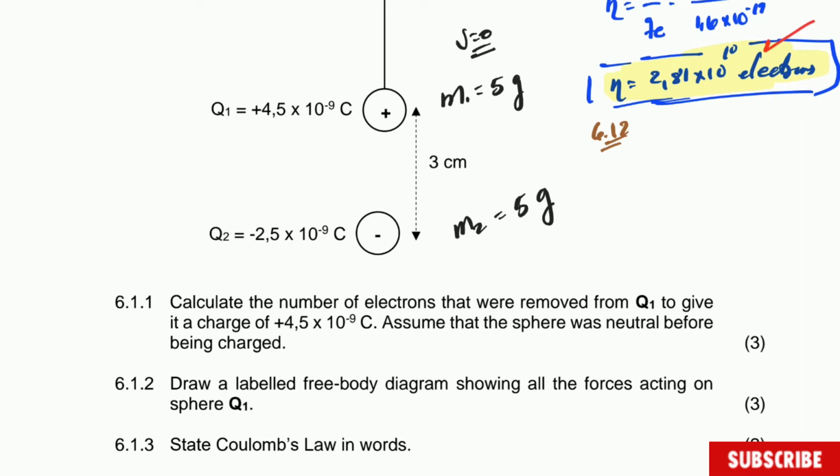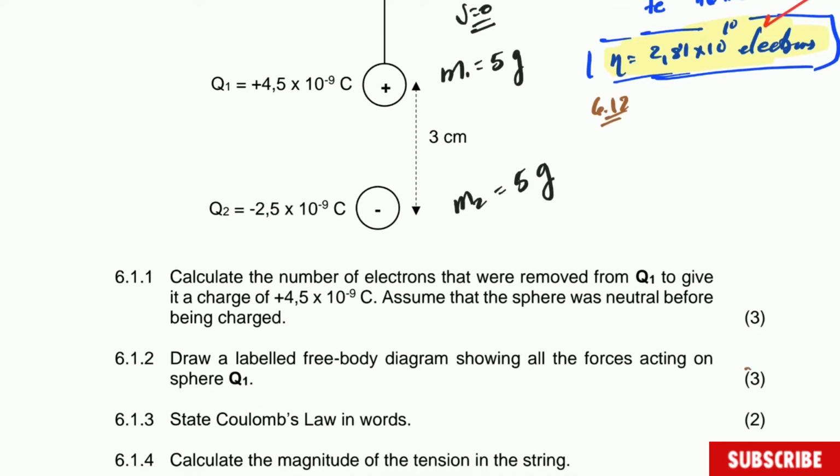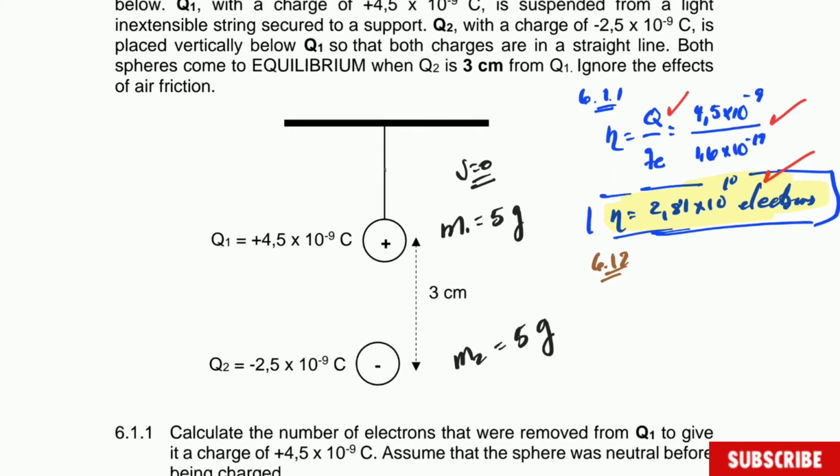Alright, so let's first of all draw it on the charges. Let's do a force diagram on this charge. What forces are acting here? It is not that bad. Note there are 3 marks, therefore there must be 3 forces. One of them is tension, which you can see clearly, the tension on the rope. That is the first force. The second force is going to be the weight, because there is mass, so there is weight down.